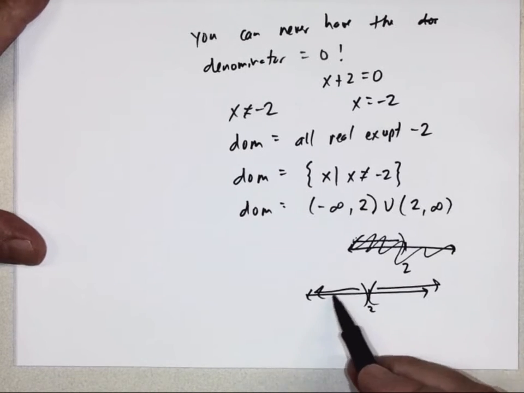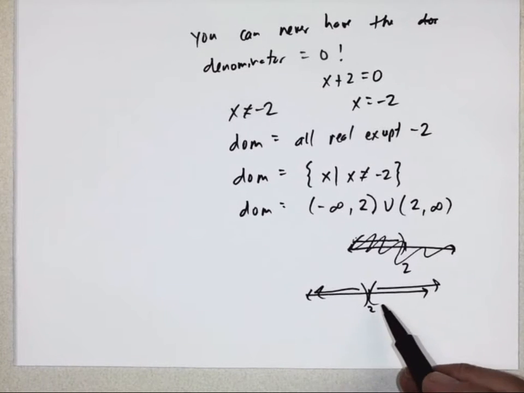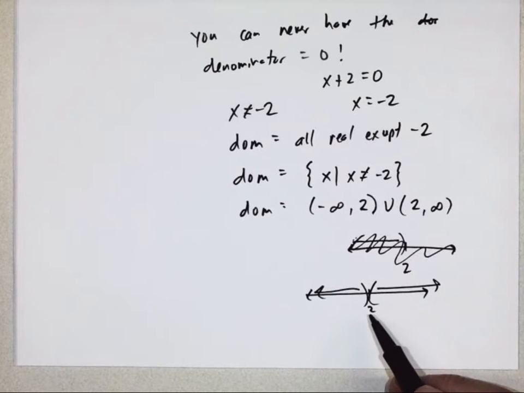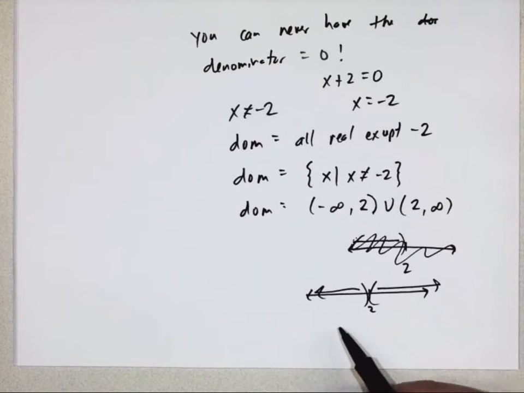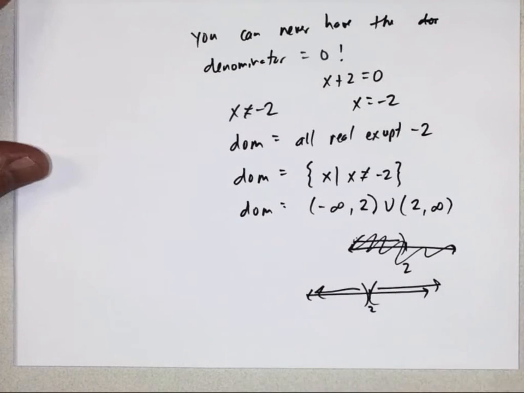My domain can be any number less than 2 or any number greater than 2. What it can't be is 2. So this is a way to draw my graph to leave out the 2. And this is a way to write the interval.